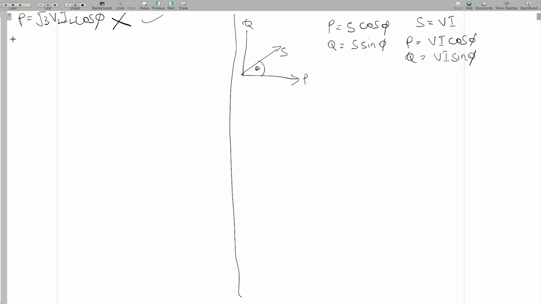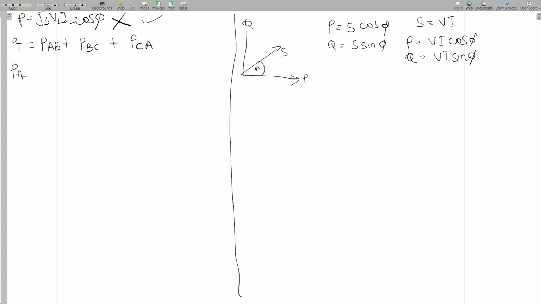So now if you want to find the total active power, we should find the power at AB, the power at BC, and the power at CA individually, and when we add them we should get the total active power. Since the loads are unbalanced, we find them separately, and then we will get our total active power.